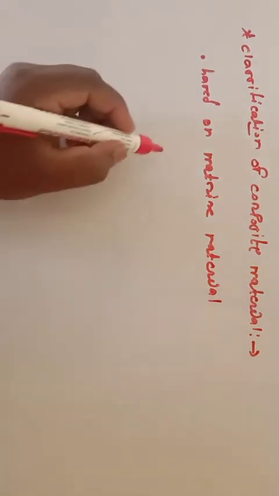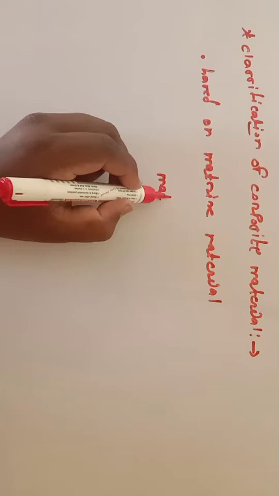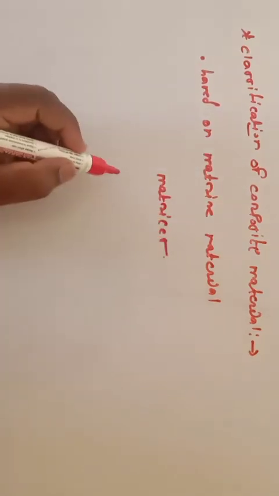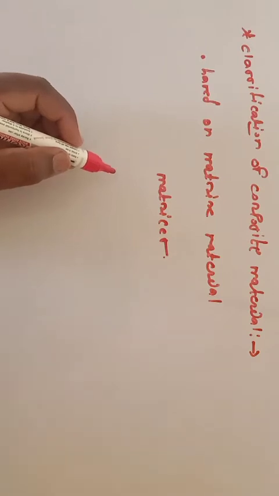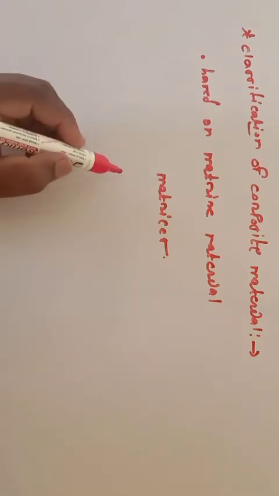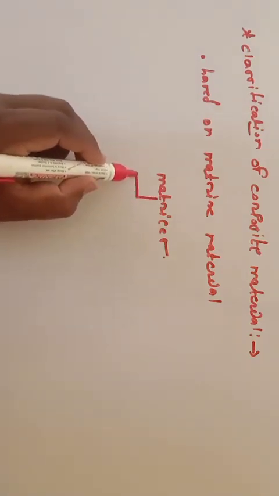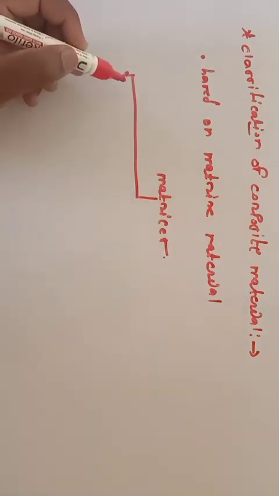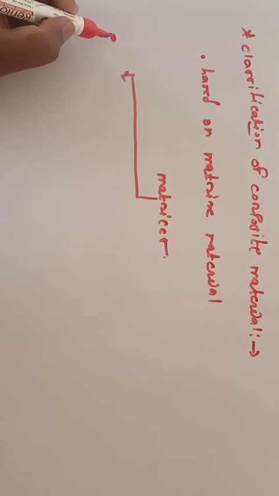Okay, so which matrix materials are used in this composite? According to the matrices used in the composite material, they are classified into different types. The first one is the polymer matrix composite.